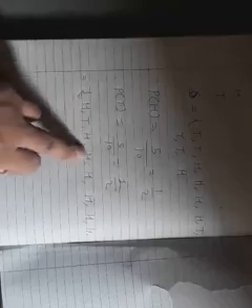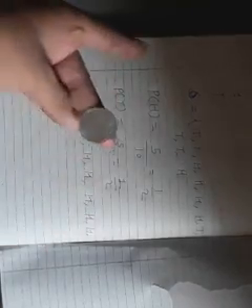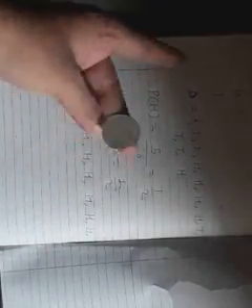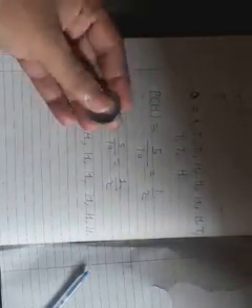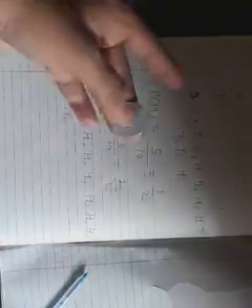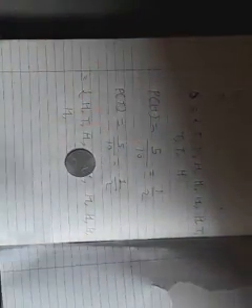See, 1 2 3 4 5 6 7 8. 8 times complete. Again head. Let me toss it again. It is tail.